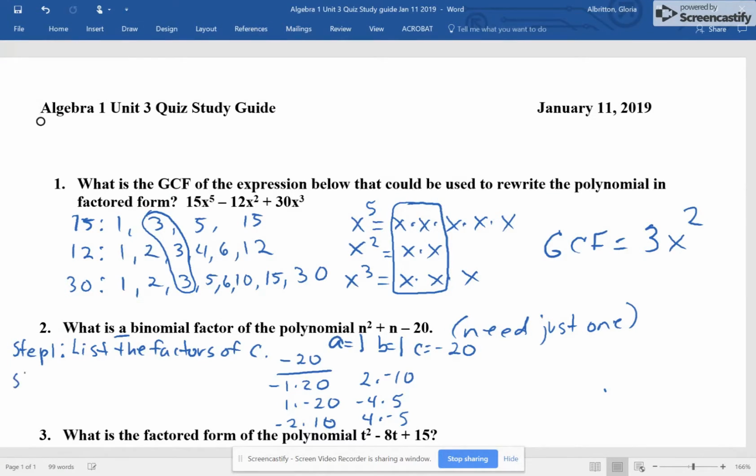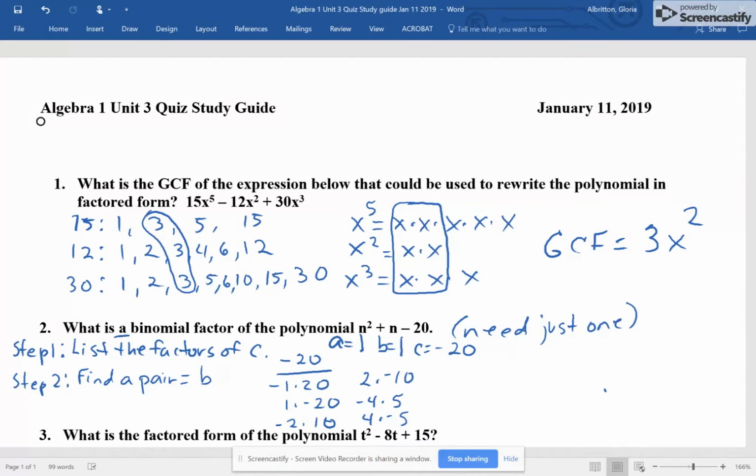Step 2, we find a pair that equals the b value. Negative 1 plus 20, that only gives us 19. 1 plus negative 20 gives us negative 19.